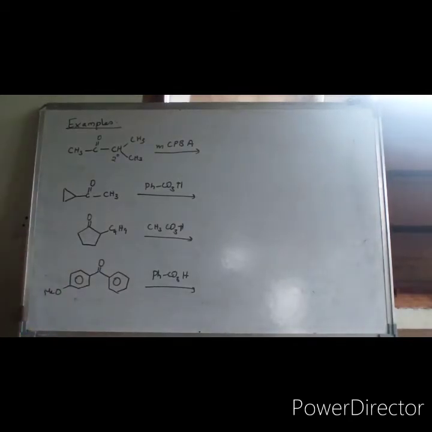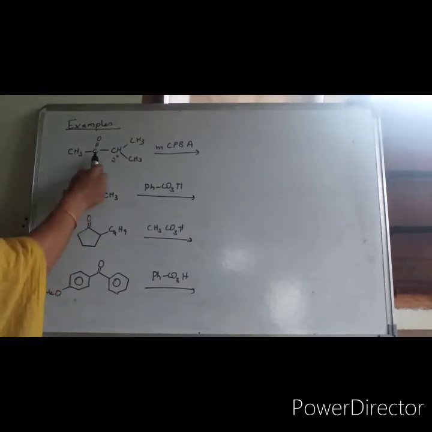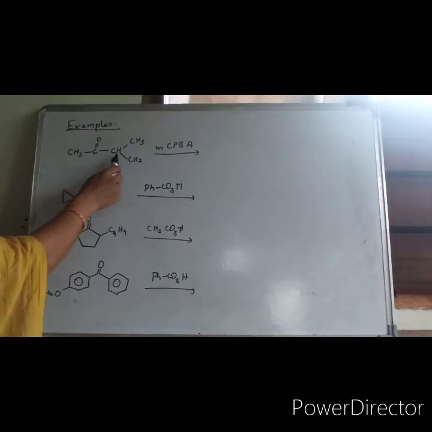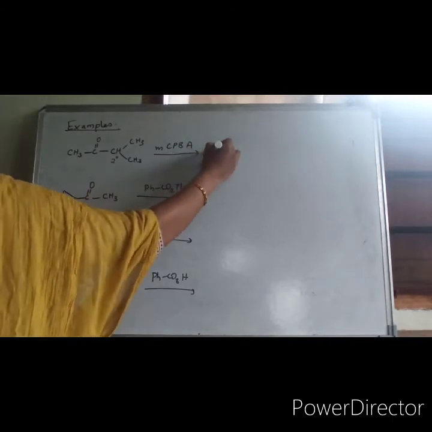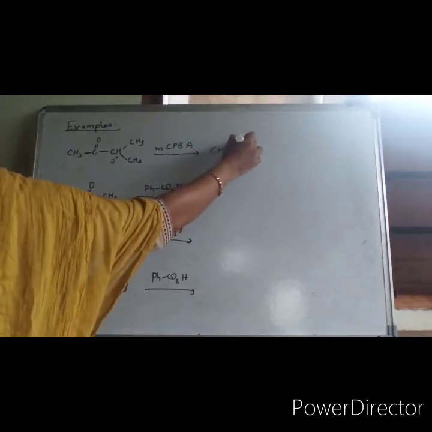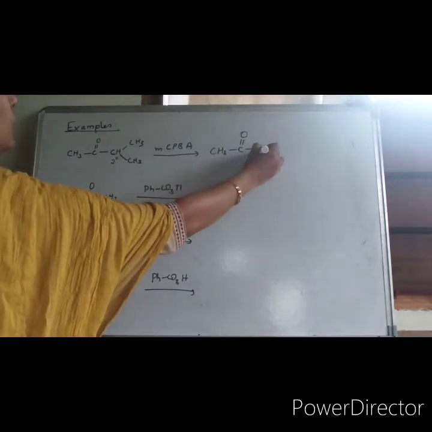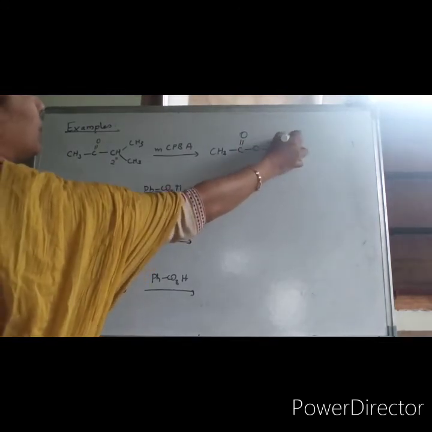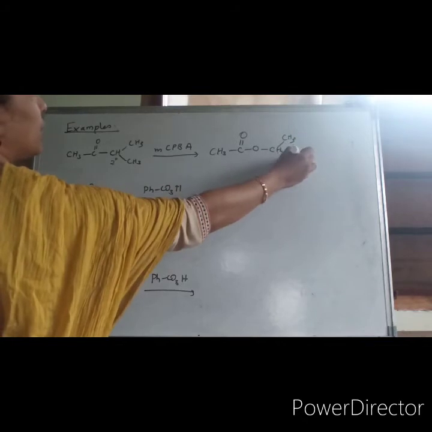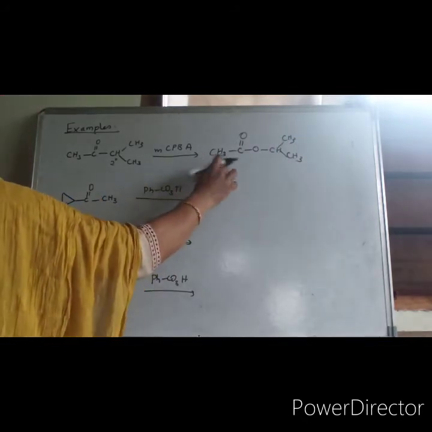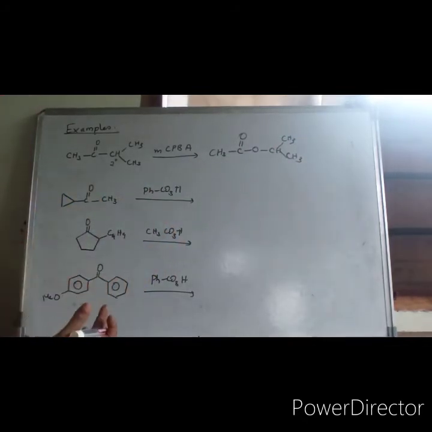Obviously the secondary alkyl group. So oxygen will come between these two bonds, the carbonyl and the CH bond. So you have to write the product accordingly: CH3, C double bond O, O, CH, CH3, CH3. This ester will be formed because the methyl group has the least migratory aptitude, so it will not migrate.